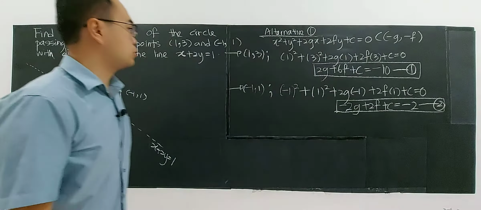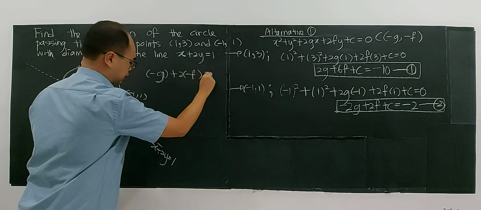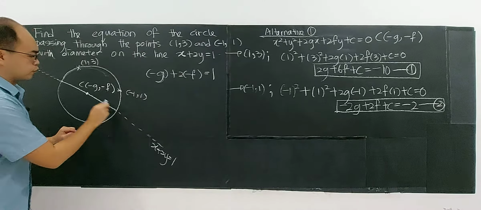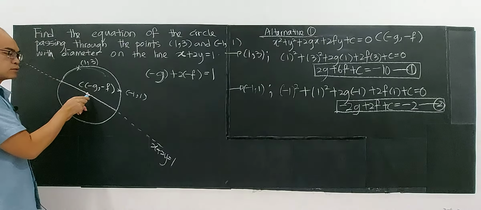So we get negative G plus 2y, and your y will be negative F. Sum this up and you get 1.